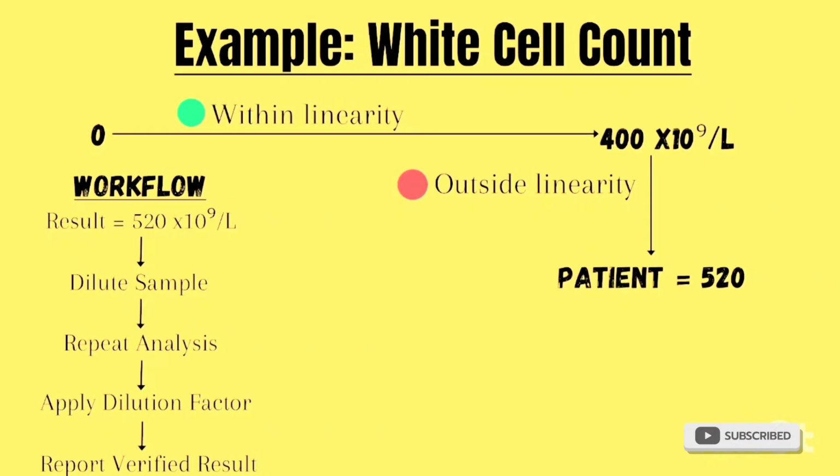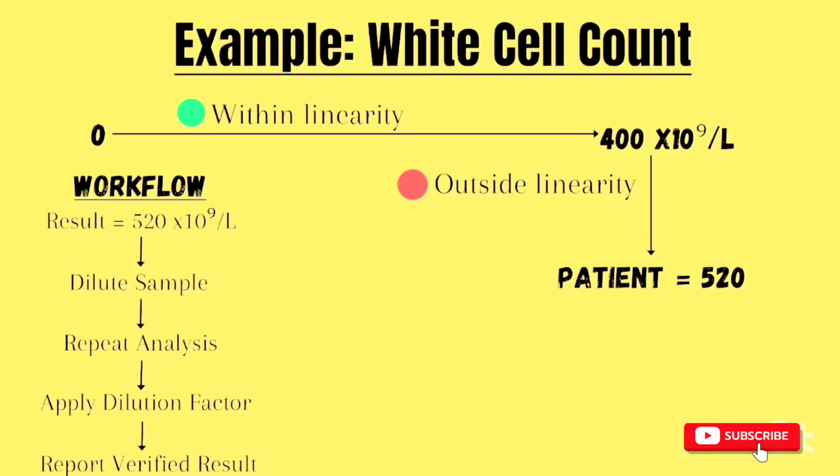Okay, let's continue. So imagine, for example, this will make more sense. This is in practical terms now. So see the green like I've shown you before as within linearity, and red means outside linearity. Now I want to give you an example using white cell count, which obviously has happened to me. Let's say the white cell count is from 0 to 400.